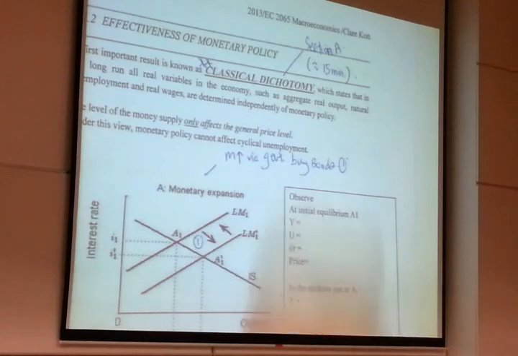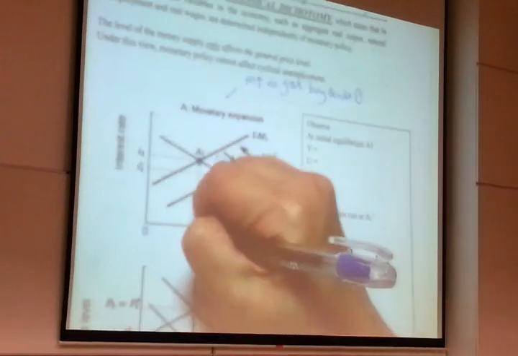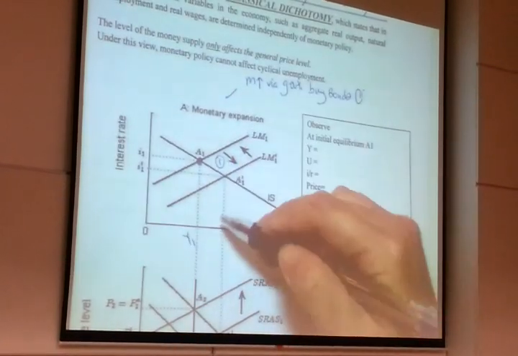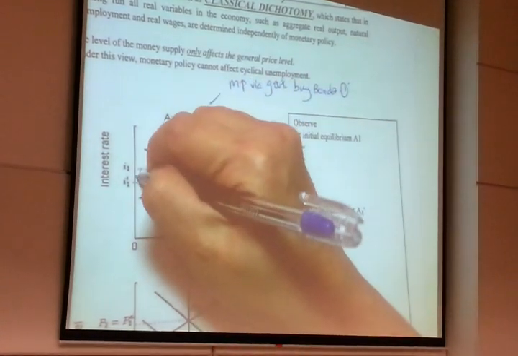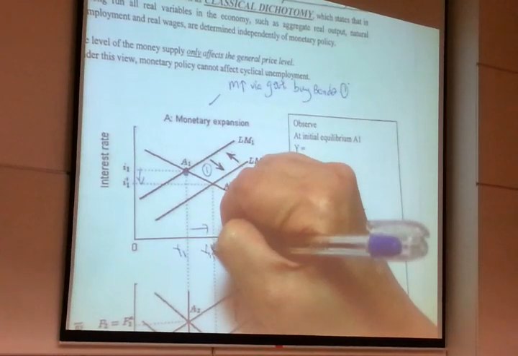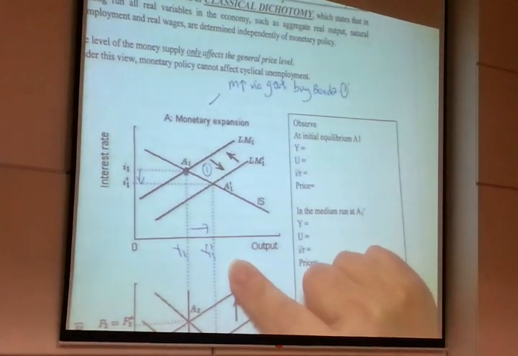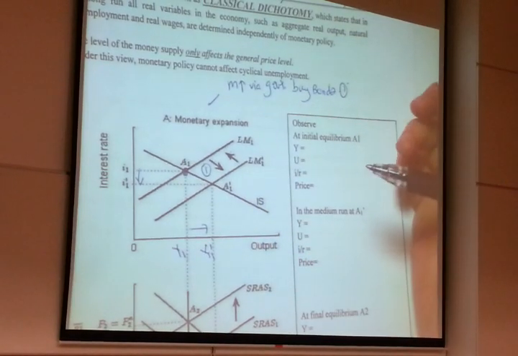Okay. So the economy started at A1 first. Okay, let's mark out the point. Initially at an output Y1. So now if the LM were to shift down, interest rates will drop, output will increase to Y1 prime. So what is occurring on the top diagram is something that we are familiar with.